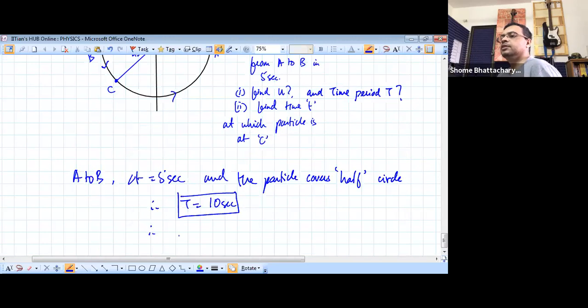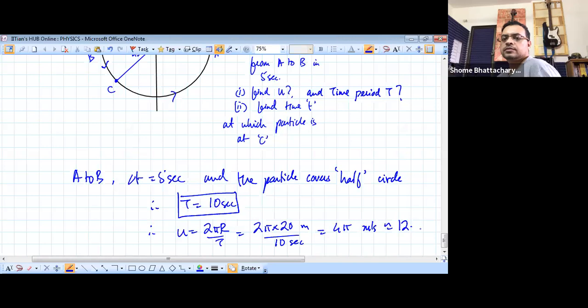And therefore, speed will be how much? 2 pi r upon time period. So 2 pi into 20 meters divided by 10 seconds. So 4 pi meters per second, or approximately 12.57.